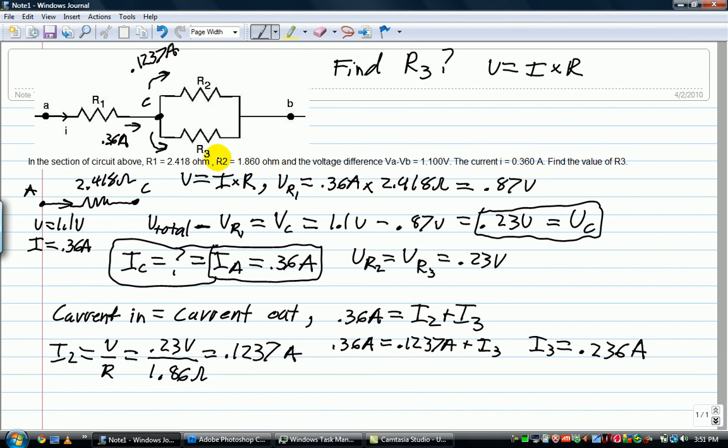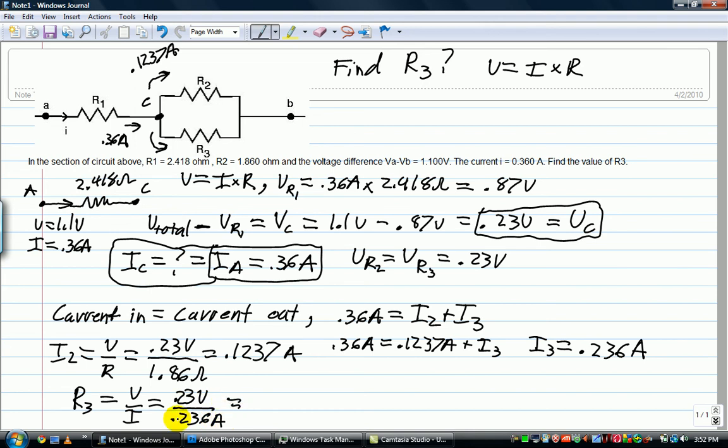So now we know the current through R3 and we know the voltage across it. So using Ohm's law, all we have to do is solve for R and we can find the resistance of R3. R3 is equal to voltage divided by current, and we know our voltage across it is 0.23 volts and our current is 0.236 amps.